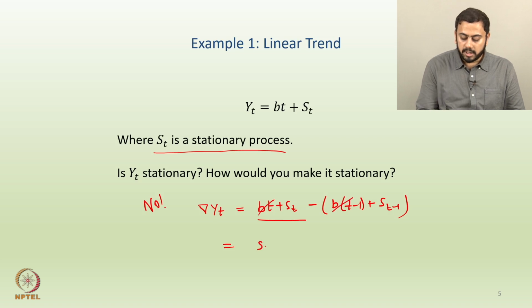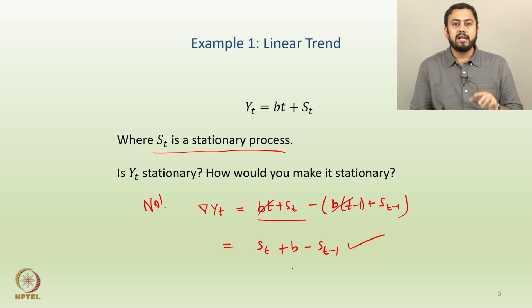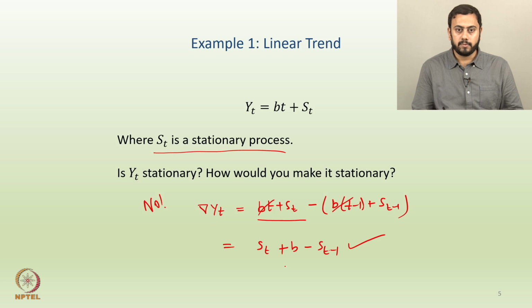What is remaining is nothing but st plus b minus st minus 1, and this clearly is stationary because b is constant and st minus 1 is a function of a stationary process, which has to be stationary. So, if you apply a nabla operator once on yt, you are able to reduce the non-stationarity and make it stationary.